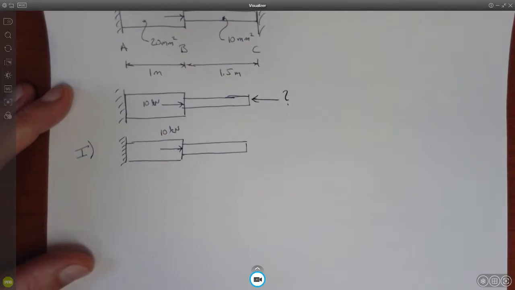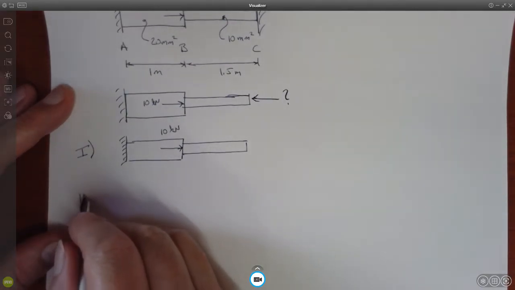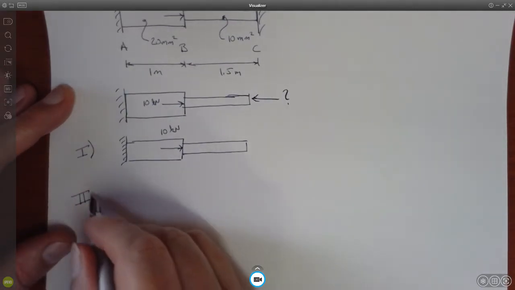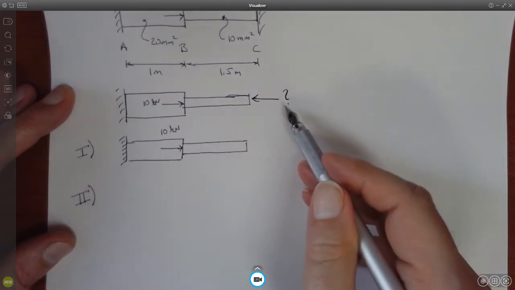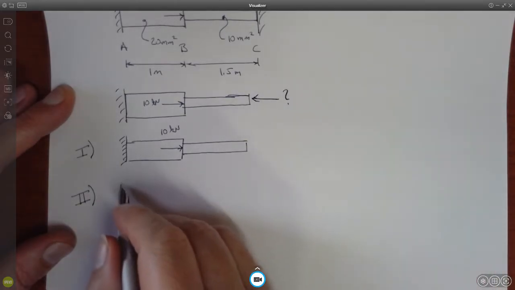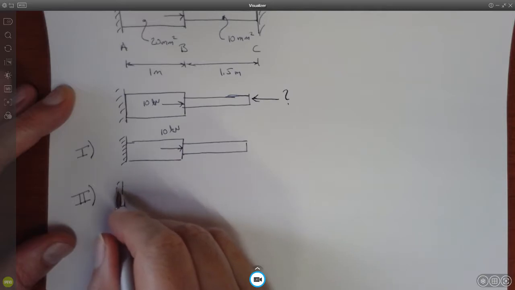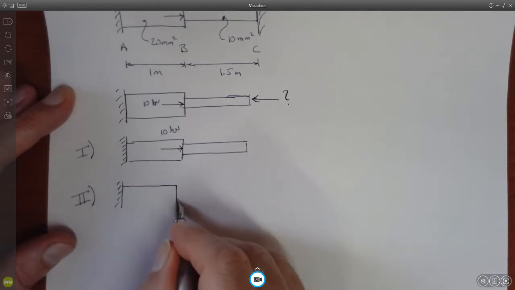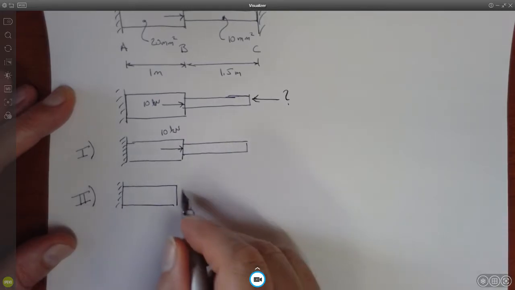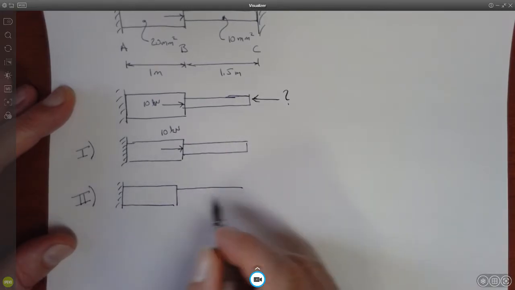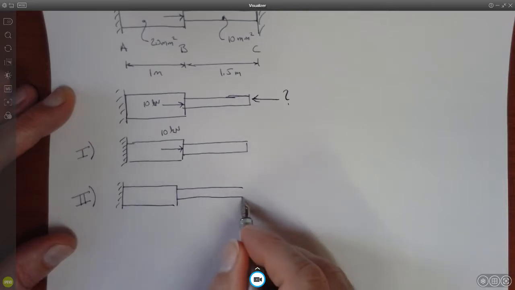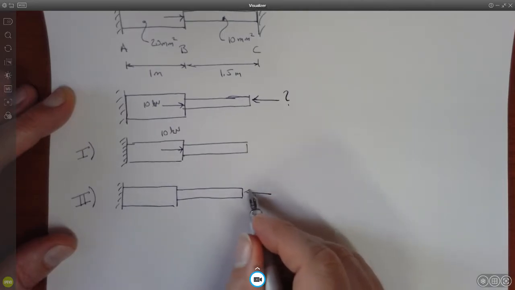All right. And now we're going to superimpose on that a second loading condition, which is simply this unknown force on the right. Everything else is the same. We don't have the 10 kilonewton force. And here I'm going to put a force on the right.